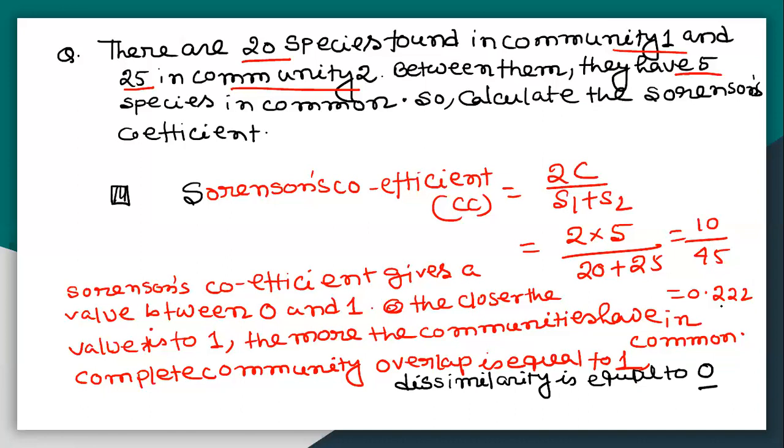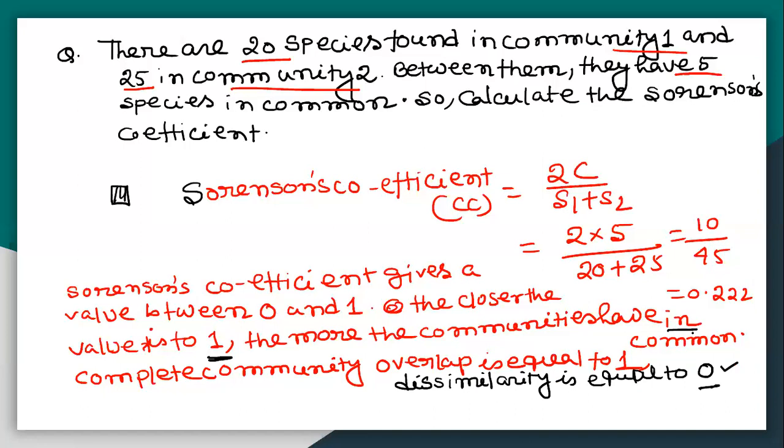So if the Sorensen coefficient is 1, there is a complete overlap. If they are completely dissimilar, it will be 0, right?